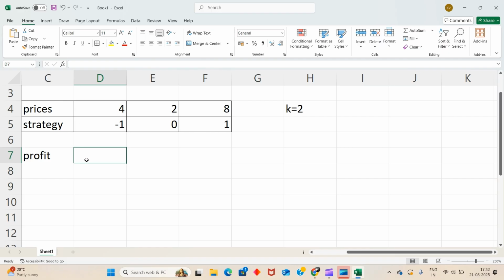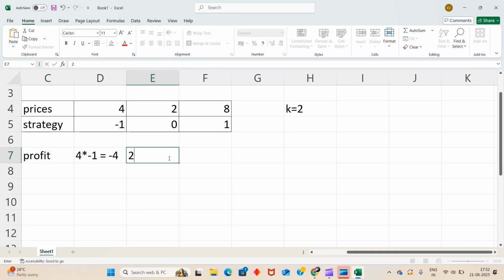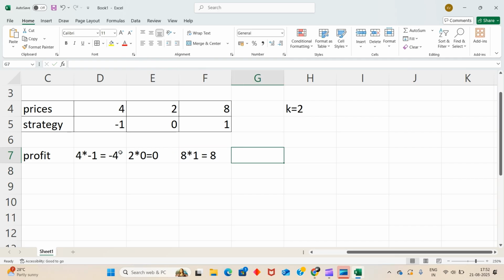So 4 into -1 will be -4. 2 into 0 will be 0. 8 into 1 will be 8. And the total is -4 plus 8, which is 4. So the initial profit is 4, meaning without doing any modifications.